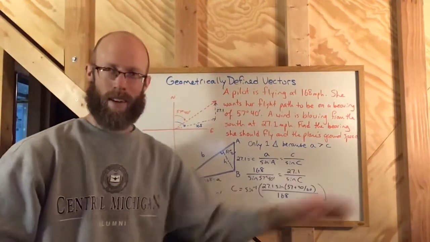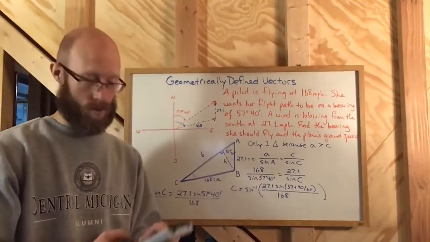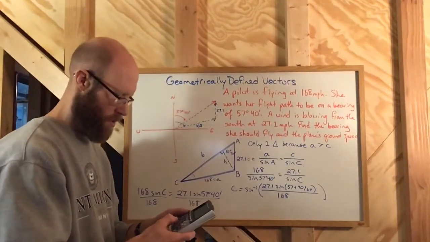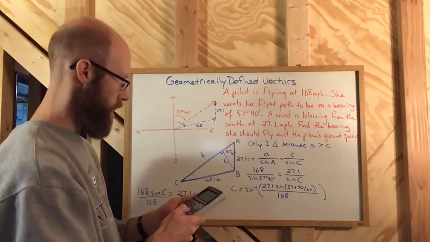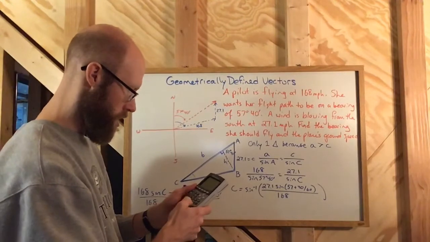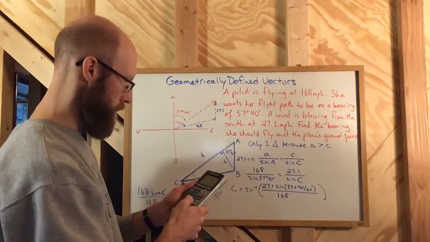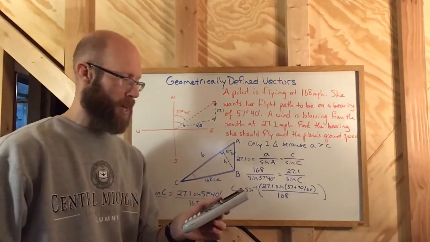I'd have it all horizontal on the calculator, but at least you can see what I would do. So I'm going to go inverse sine of 27.1 sine of 57 plus 40 over 60, close parenthesis, divide by 168, close another parenthesis. And that gives me 7.8 roughly.